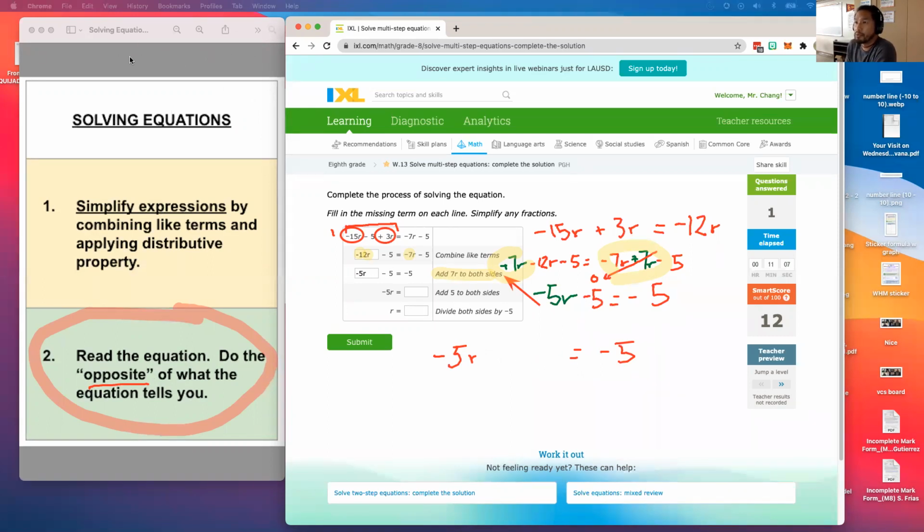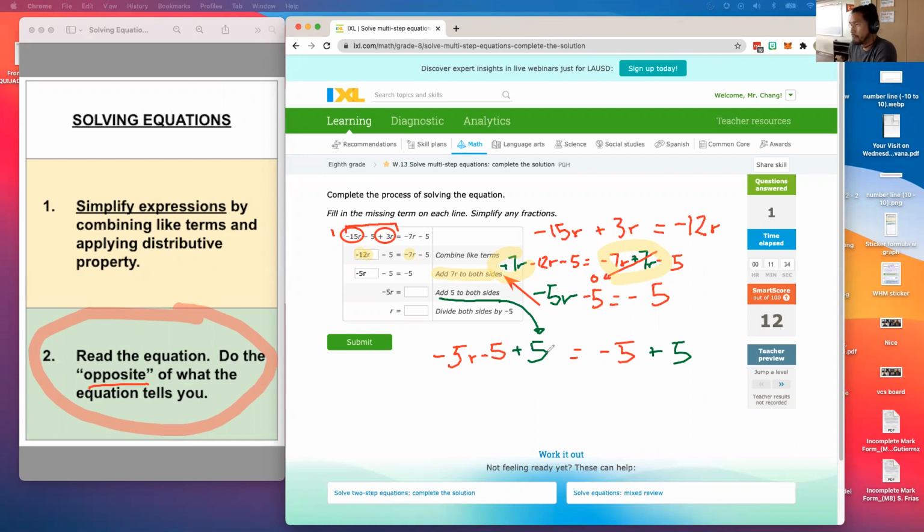Give myself a little more room to write. I'm going to add 5 to both sides. When it says add 5 to both sides, that's what I'm doing right here in green. I'm adding 5 to both sides of the equation.